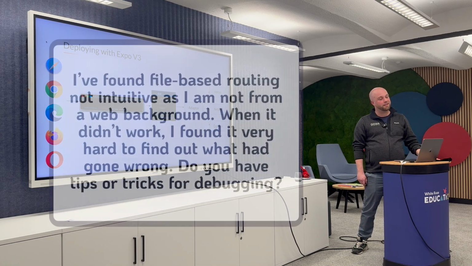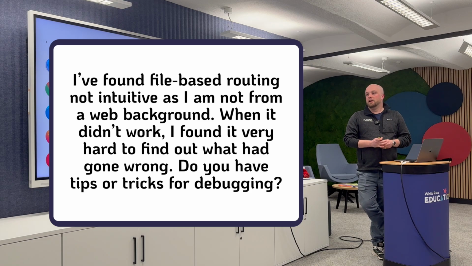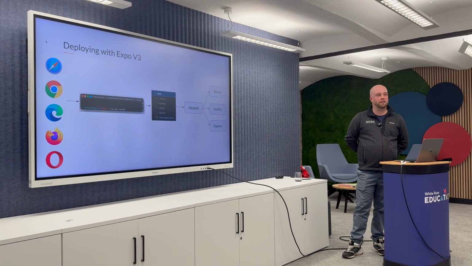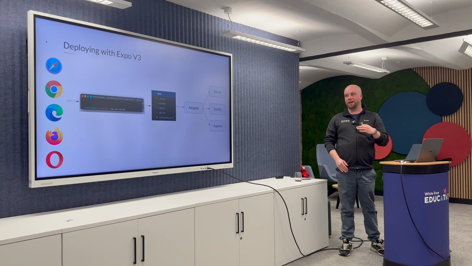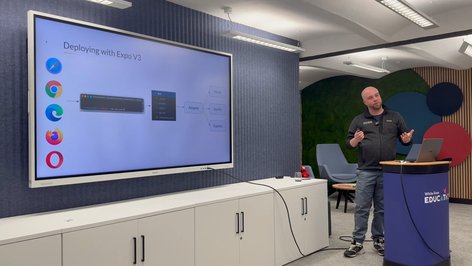Sorry. So I found with file-based routing, because it was quite unintuitive, because I'm not from a web background, it was great when it worked, but when it didn't work, it was really hard to find out what's gone wrong. Have you got any tips or tricks for actually debugging? I went through the same journey, and in my head, I was like, oh, but this always works. I've just got my stack of stuff, and I want to go there, and I'll tell it to navigate there. But then when I took a step back, I was like, well, I guess URL-based routing, why don't we have that on mobile?